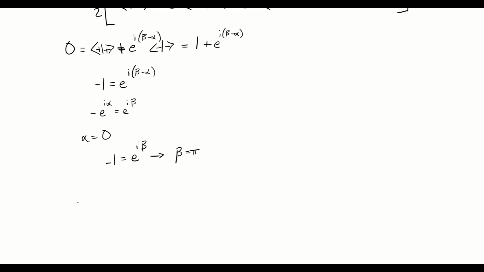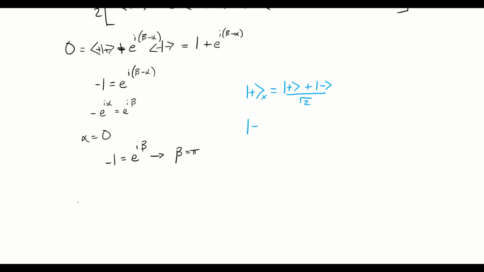And if we do all of this, that means our spin up vector in the x direction can now be written as the spin up in the z direction plus the spin down in the z direction, all over root 2.